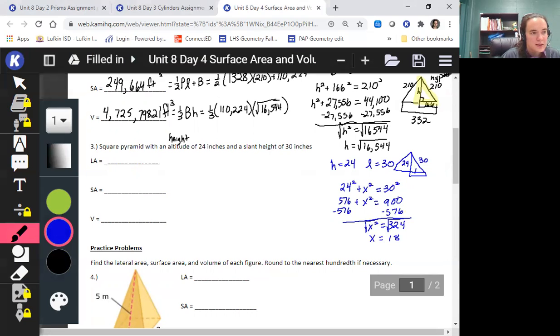Okay, so this length is 18, which means that this side is also 18. So 18 plus 18, that gets us 36. So our side length is 36.